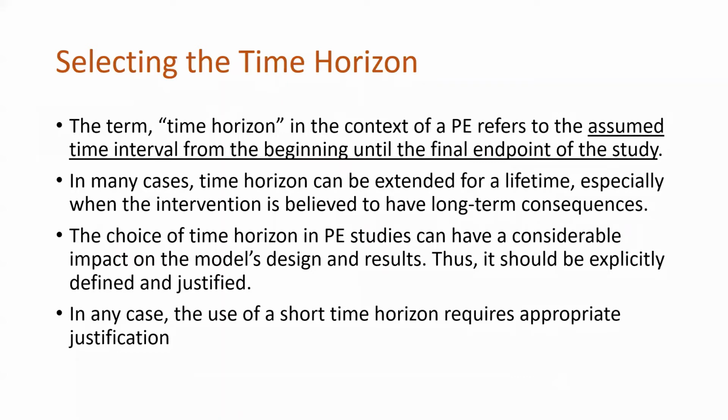You will assume that they enter the model under certain conditions and the probabilities that you get from the literature. And then you have to decide on a time horizon that should be suitable and appropriate for your study. So one of the things that you need to look at is the time horizon. You will find, for example, a 1 year time horizon, a lifetime horizon, or maybe a 30 years time horizon.